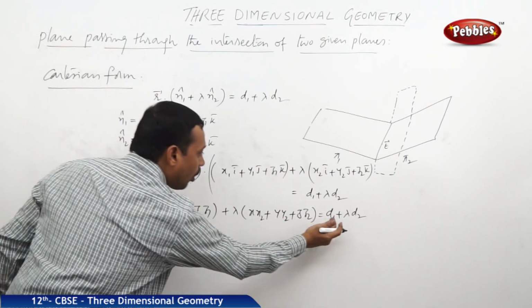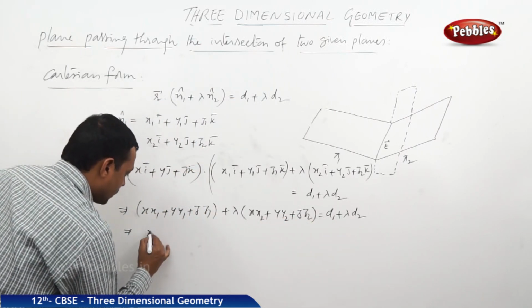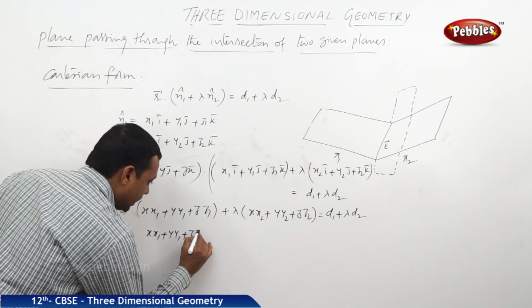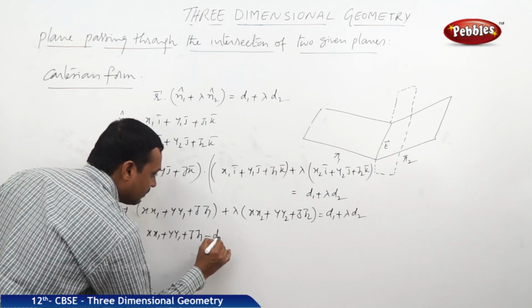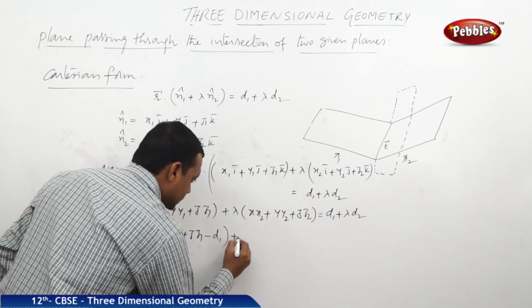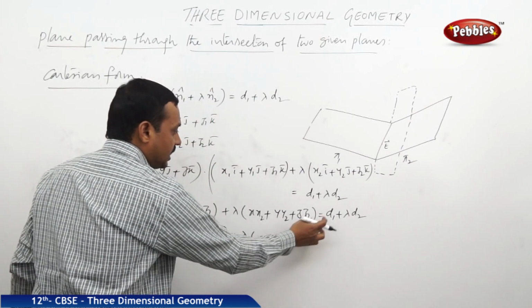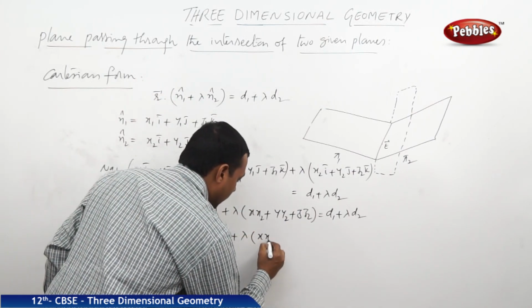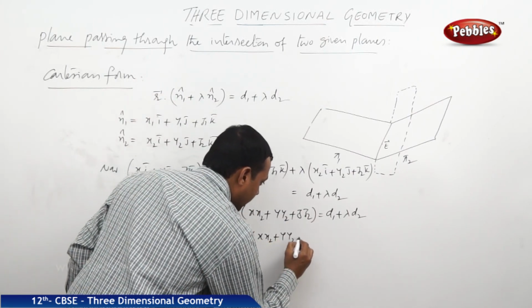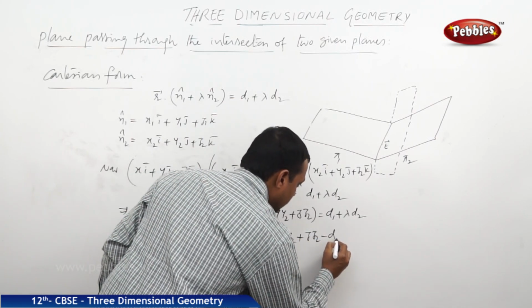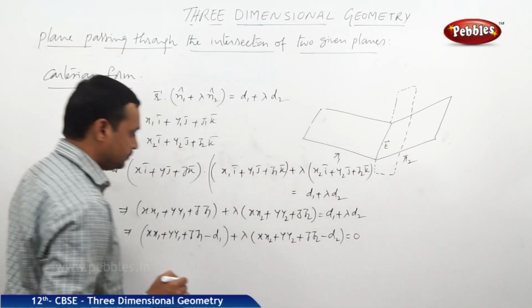Now move all the terms to this side: xx1 plus yy1 plus zz1 minus d1 plus lambda into, when we move lambda d2 to the left side and take lambda common, xx2 plus yy2 plus zz2 minus d2 is equal to 0.